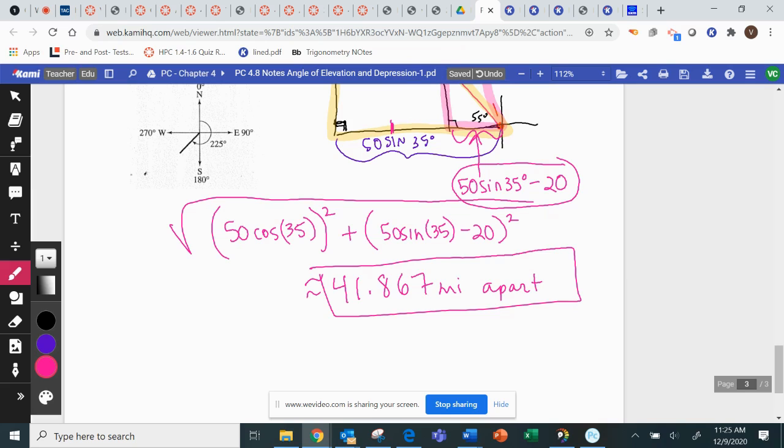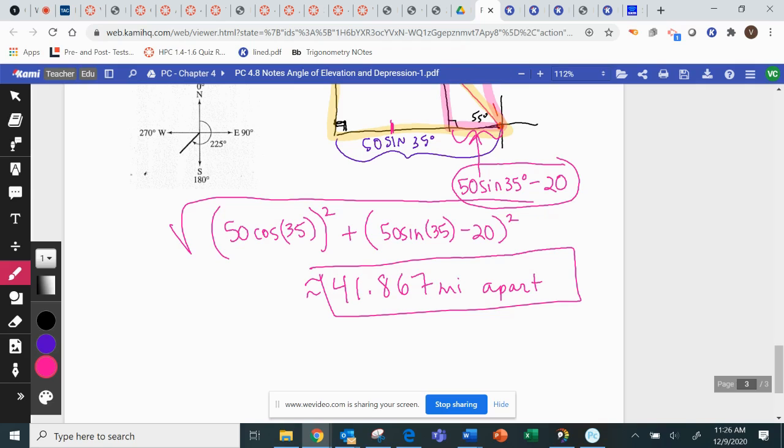So the way that we're going to finish up our trigonometric unit is with real life application. That's the only thing that's left. This will not be on our test. Our test is not real life application at all.